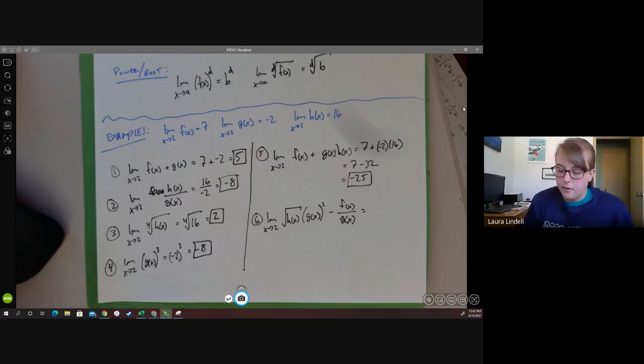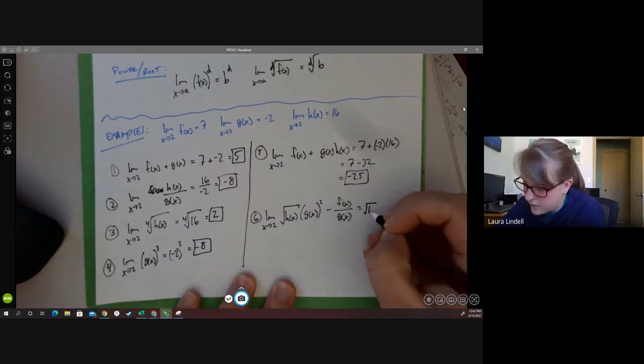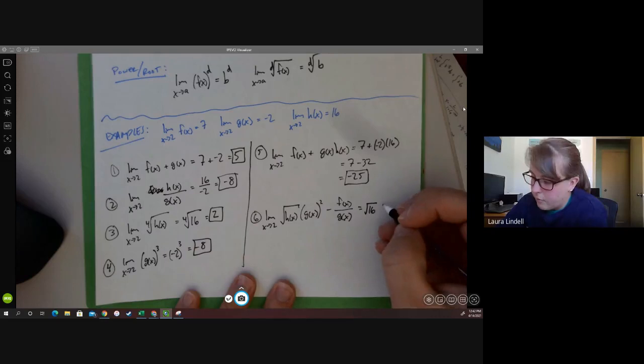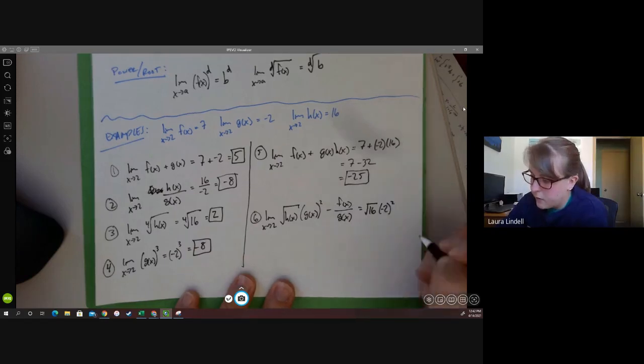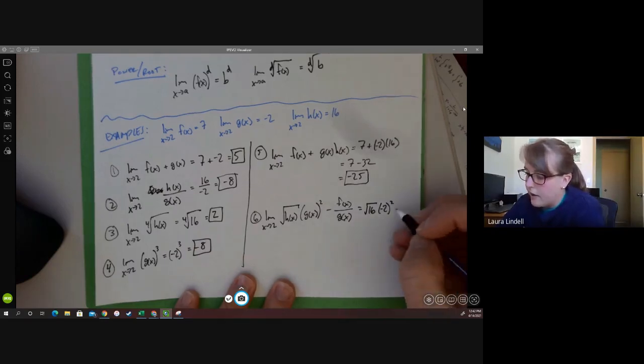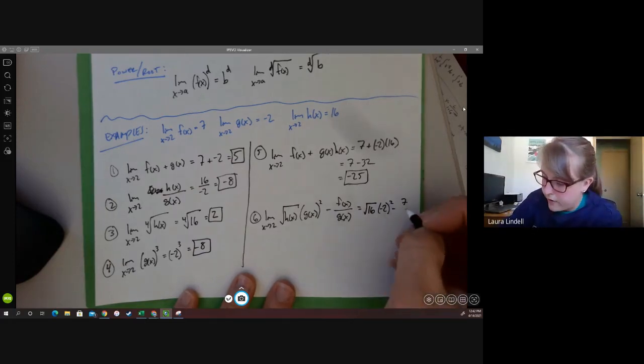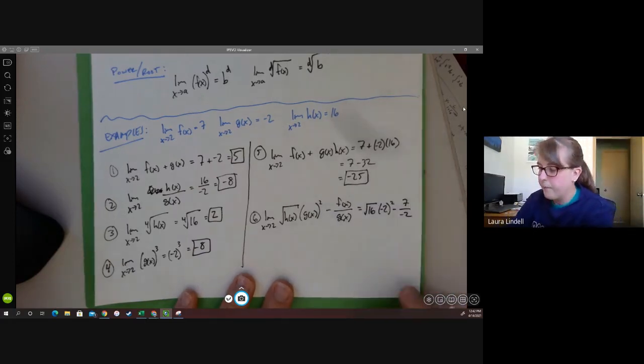All right, so for this one, we want to take the square root of h of x, so the square root of 16, times g of x squared, so that would be -2 squared. And then we're subtracting f of x over g of x, which was 7, and then -2.